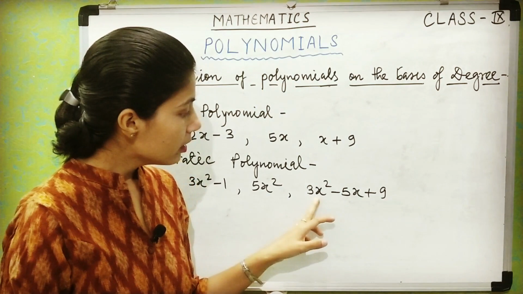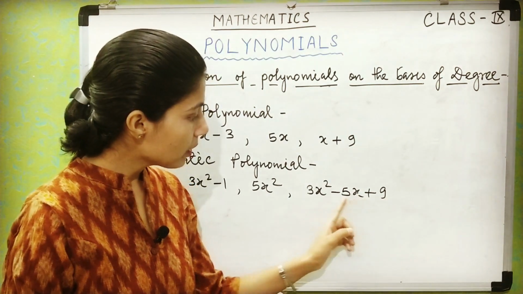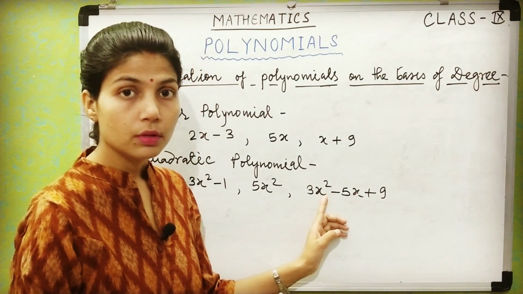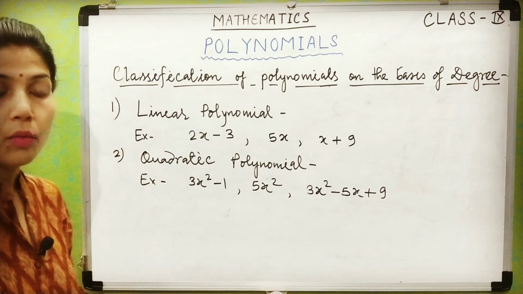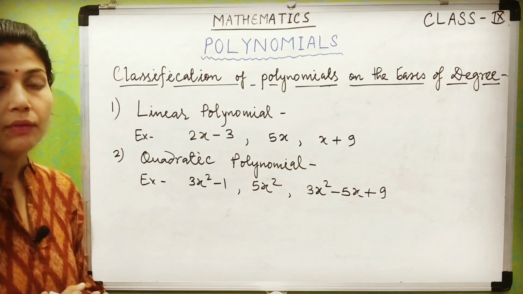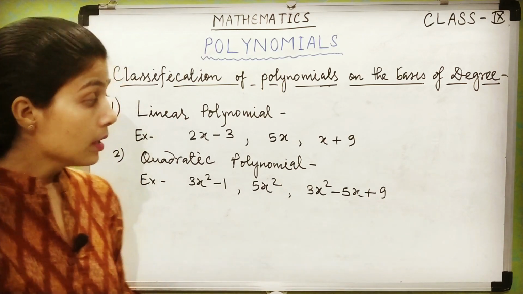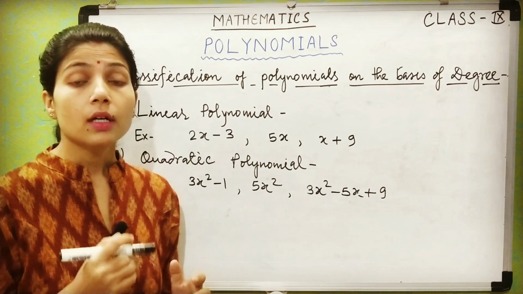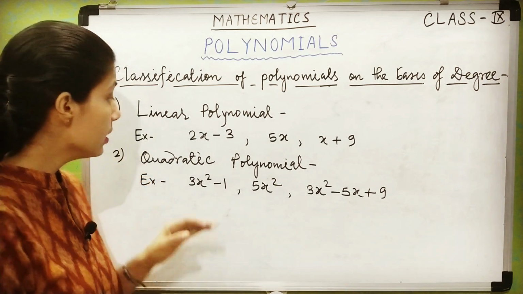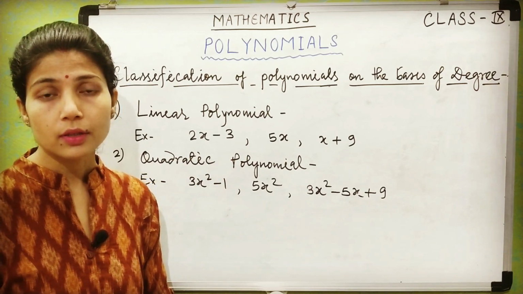Here are 3 terms, but the highest power of x is 2, meaning its degree is 2, so it will be a quadratic polynomial. So any polynomial having degree 2 is a quadratic polynomial. Now the number of terms at most in a quadratic polynomial can be 3.